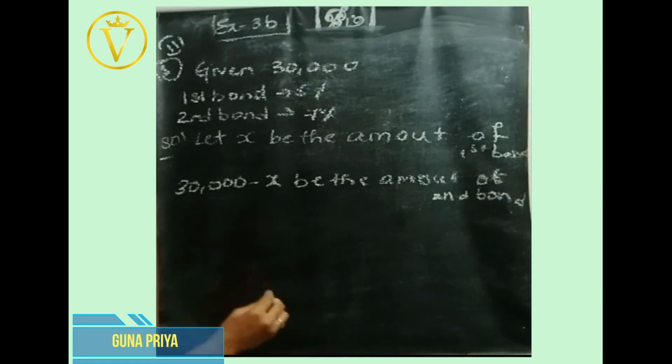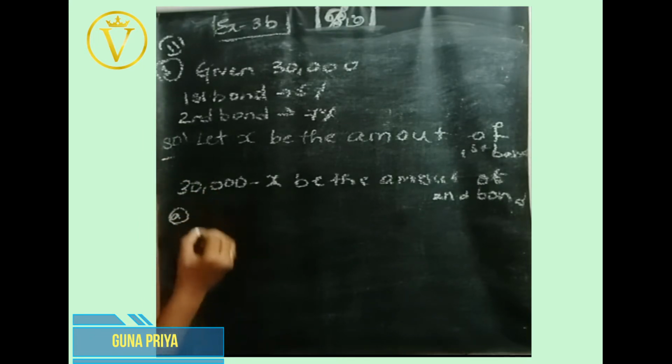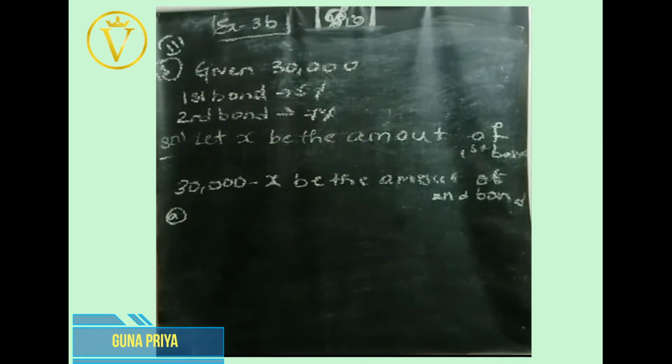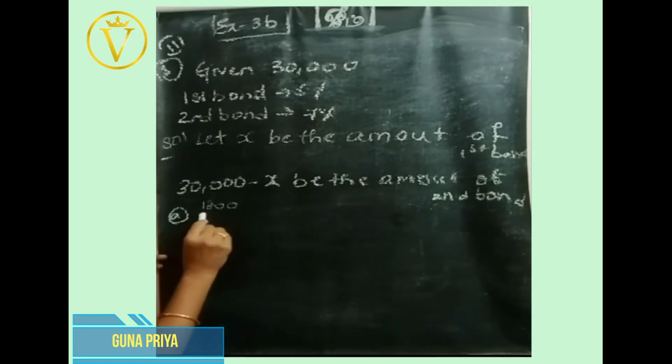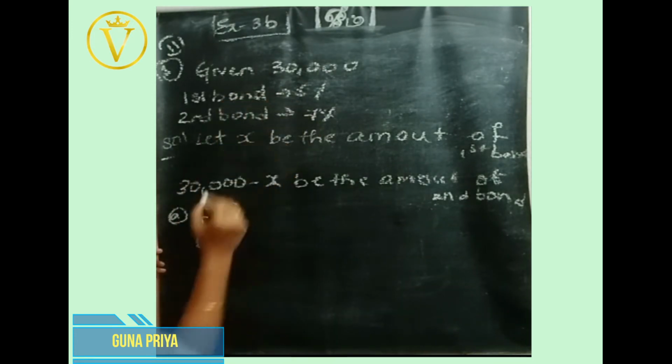Now what interest is given? 5% and 7%. The total interest they have given is 1800. So first write the bond values.